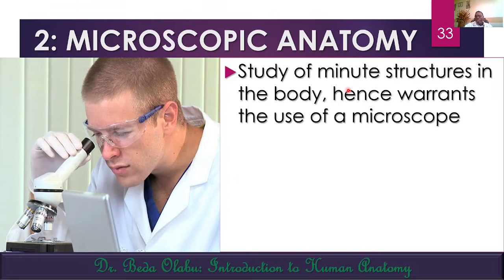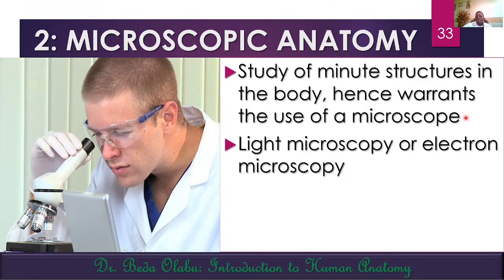We can only study them using a microscope. And that's why we call it microscopic anatomy, because we are studying minute things which we cannot see with the naked eye, so we have to use a microscope.